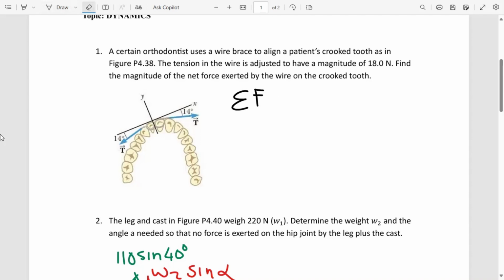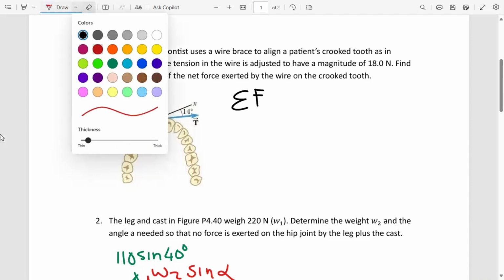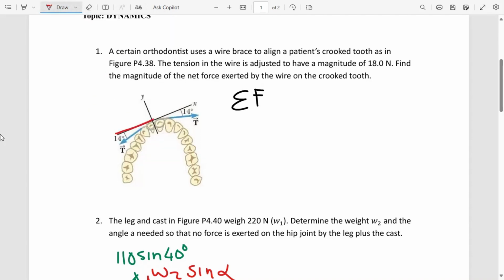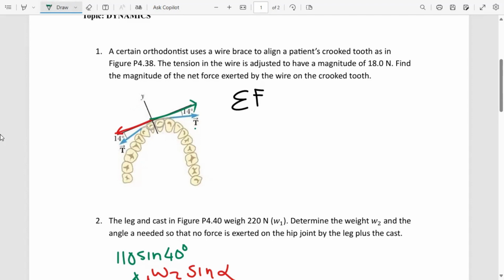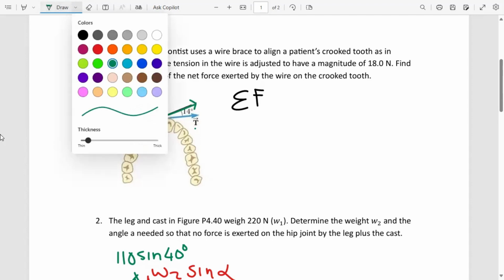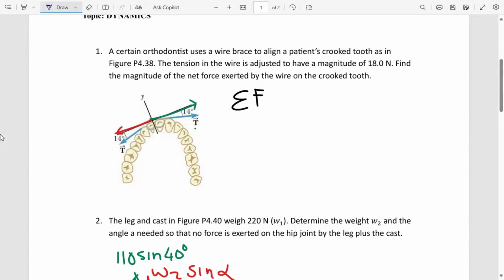So if we resolve these forces into our x and y components, we're going to notice we have a component in the x there, and another component also in the x running in the positive direction. Then we have two components also in the y, in the same manner.